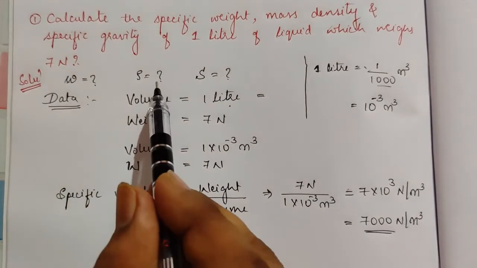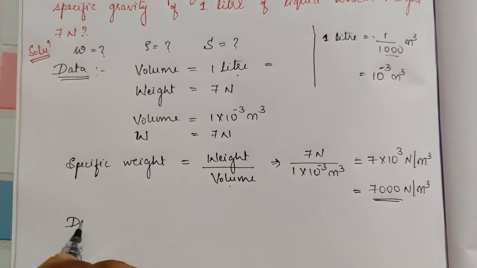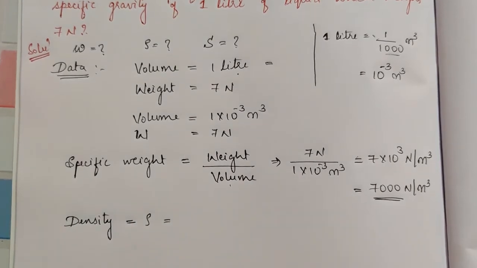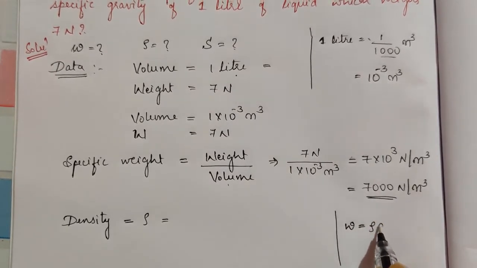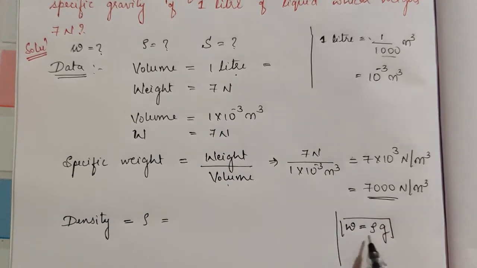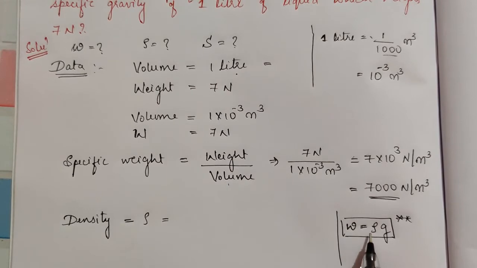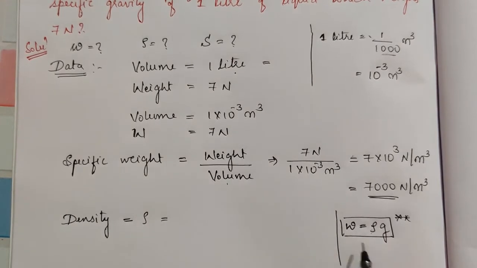Next, they have asked for mass density. What is the notation? We have a relation between specific weight and density: specific weight is equal to mass density into g, where g is acceleration due to gravity.